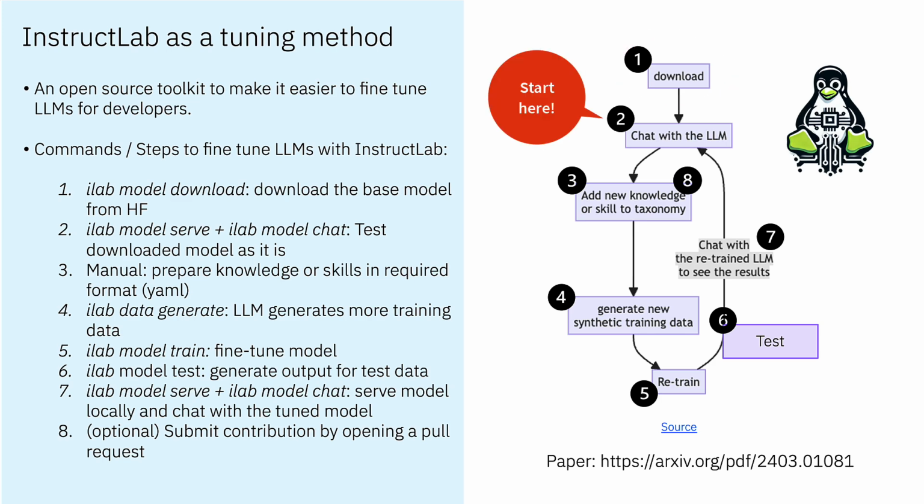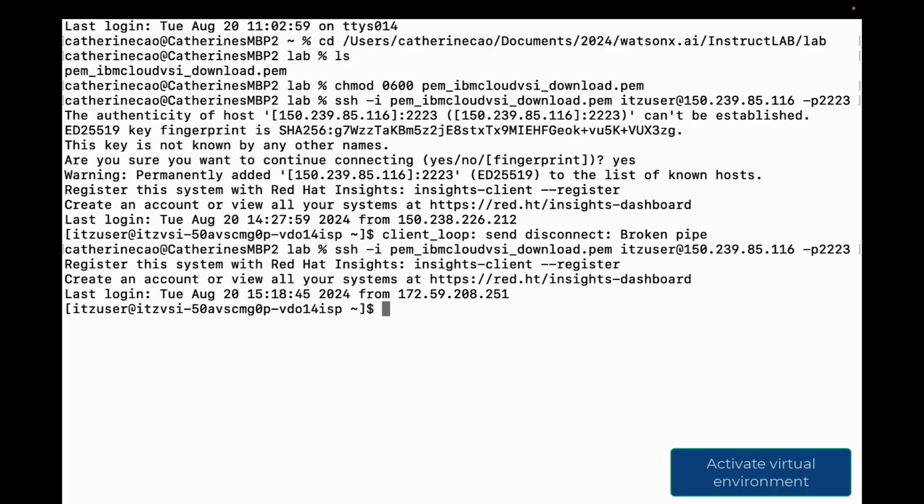Here we're connected to the virtual machine via SSH. Once we're connected, we can run this command, which starts a bash shell in the VM with root privileges, which is required to run InstructLab.